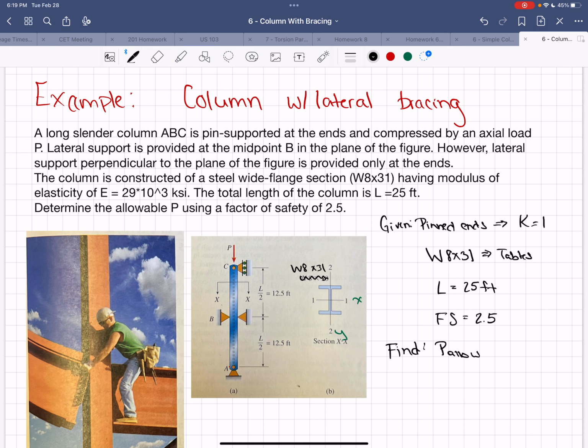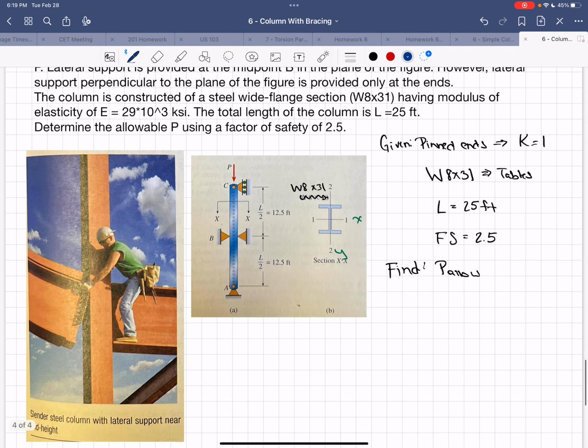So we're going to use a P critical equation. As I've discussed with some of you, this is the easy part, and the hard part is deciding what goes into it. So pi squared times elastic modulus times moment of inertia, over the quantity K L squared, but K is 1.